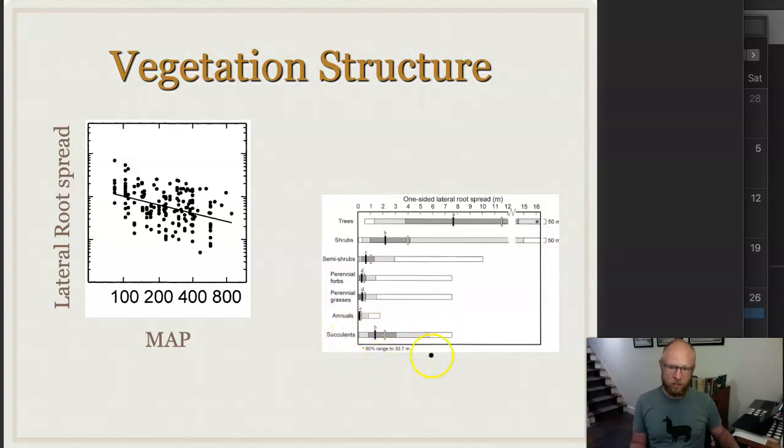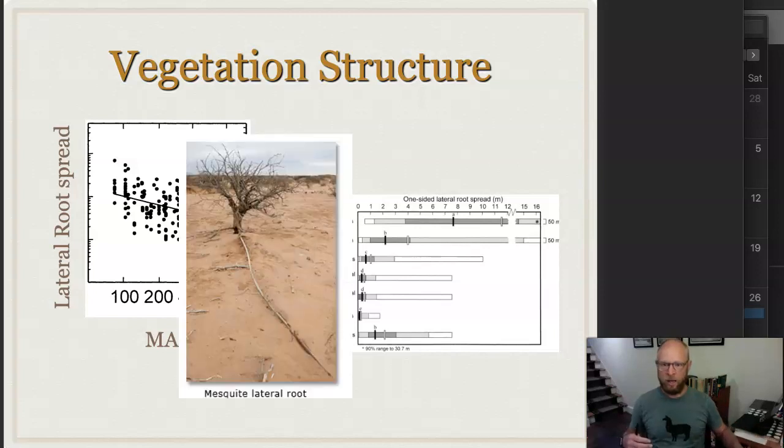And you can see succulents also have fairly wide root spread. These plants are generally allocating more of their resources to spreading really wide. I meant to add a picture of deep roots and I forgot. Maybe I'll try to show that in lab. I've got a cool picture of people doing some work on roots down in caves.